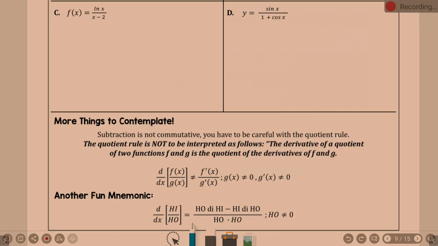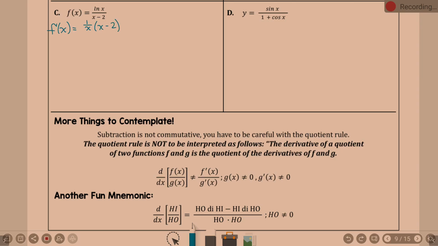So C, f of x equals natural log of x over x minus 2. I'm glad this one, we're going to have to practice some cleanup. So f prime of x. The derivative of the top, what's the derivative of natural log of x? Times the denominator, x minus 2.